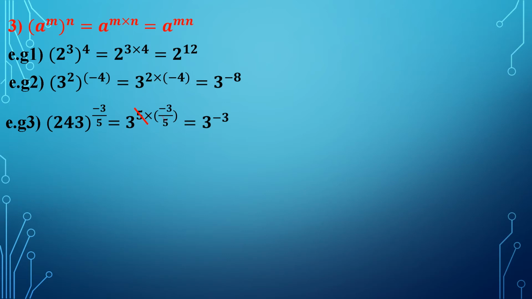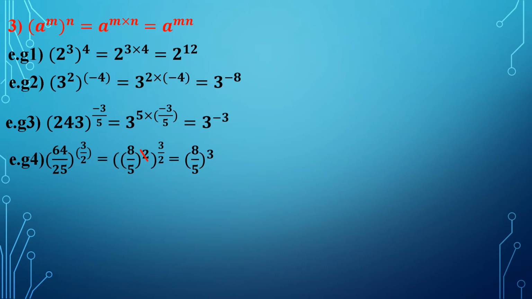That 5 and 5 will get cancelled, which will give us 3 raised to minus 3. As we will see further when we learn that law, we will deal with negative indices. Next example, still a little bit more complex.